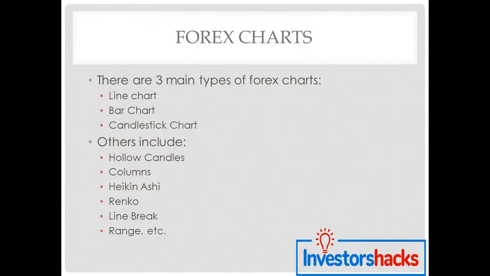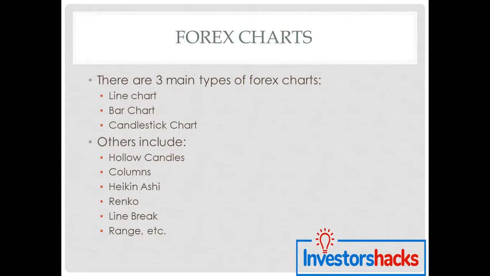Okay. So we have various types of Forex charts, and there are many of them actually, but we are going to concentrate on the three main. That is the line chart, the bar chart, and the candle charts. That's what I'll explain about. But henceforth, as we proceed, I'll be basically dwelling on the candlestick chart, and I will explain why we shall be doing only on the candlestick chart.